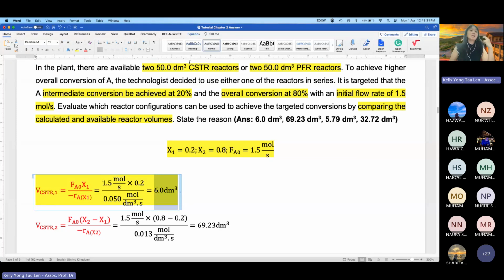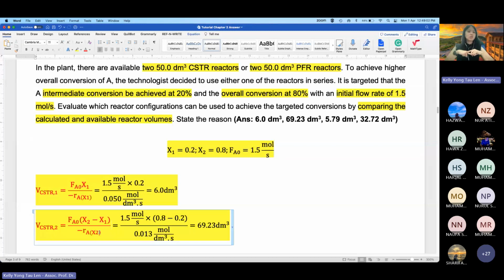So let us calculate CSTR2. The formula is now given as volume CSTR2 equals FA naught in bracket X2 minus X1 per minus RA at X2. So if the first reactor uses minus RA at X1, the second reactor uses minus RA at X2. FA naught is still the same. Regardless of whether you're calculating for the first reactor or second reactor, the FA naught is still the same.